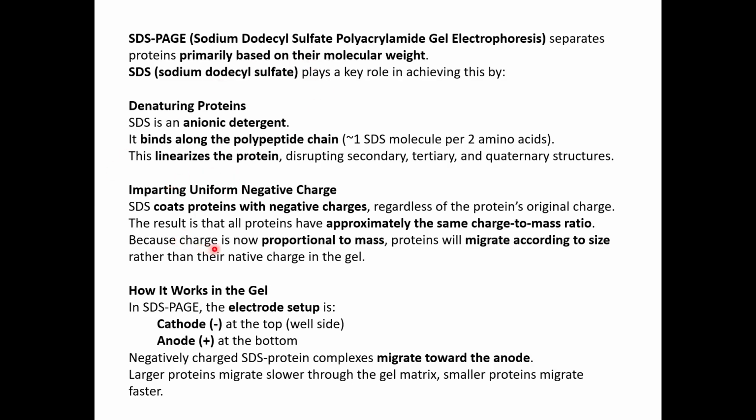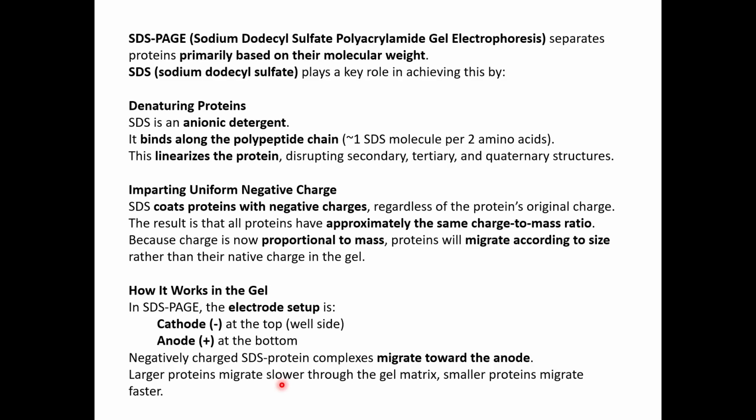This results in all the proteins having approximately the same charge-to-mass ratio. Because charge is now proportional to the mass, proteins will migrate only according to their size rather than their native charge. So how it works in the gel: as we have the electrode set up with the cathode and the anode, the negatively charged SDS-protein complexes migrate towards the anode.